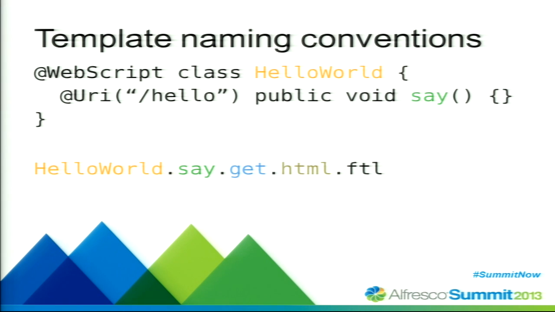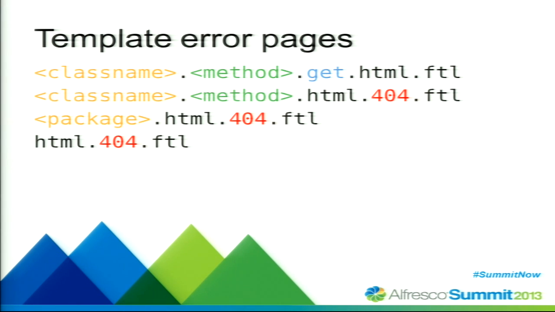Now, something more interesting that you can also do is provide error pages at different levels. You can provide error pages for a specific method, or you can define them at a global level. Say that you have a WebScript controller that for some reason throws an exception and sets the response status to 404.